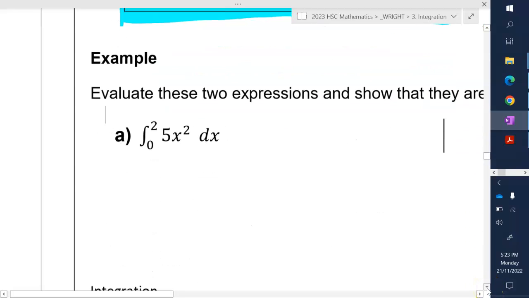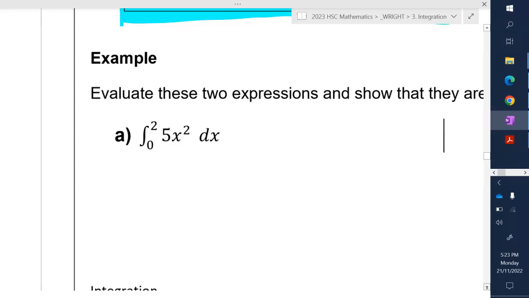Okay, so we're going to evaluate this expression. So we're integrating 5x squared between 2 and 0 in relation to x. So we are finding the area under the curve of a squared parabola that has a 5 out the front between 0 and 2. So we're looking at half of a graph of an even function, the right-hand side of the y-axis.